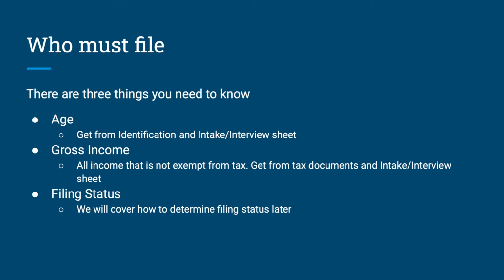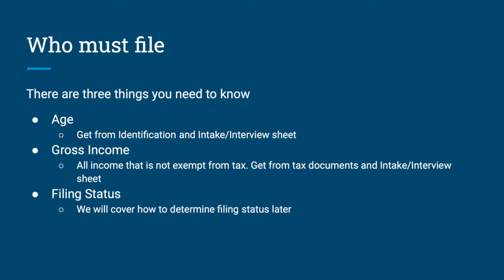Secondly, we have to look at what their gross income amount is. It's important to understand what gross income means, because this is different than if we just said the word income. Gross income, when we're talking about taxes, is all income that is not exempt from tax. We typically are able to calculate this number from the tax documents that they provide us and from the intake and interview sheet.